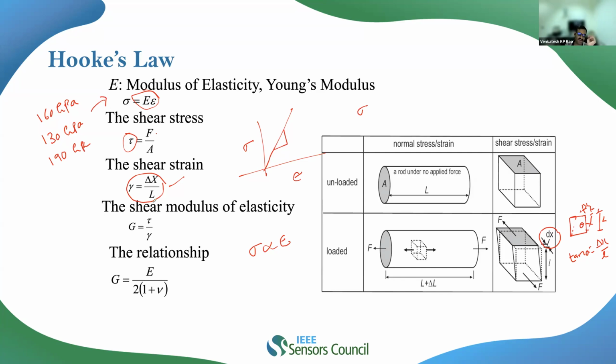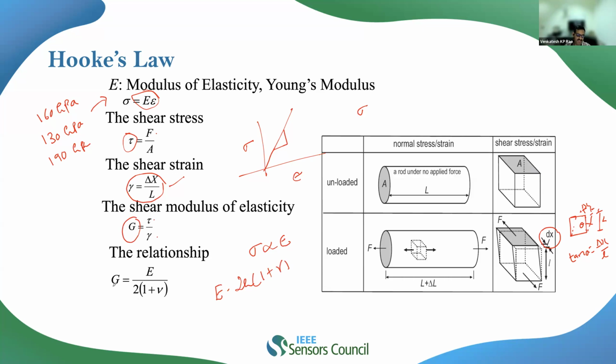Now, whenever you apply a shear force onto the system, shear stresses get induced. The ratio of shear stress to shear strain is the shear modulus G. There is an interrelationship between E and G: E equals 2G times (1 plus nu).